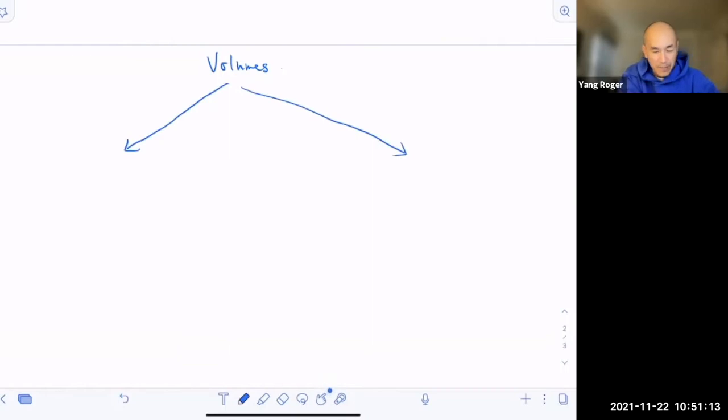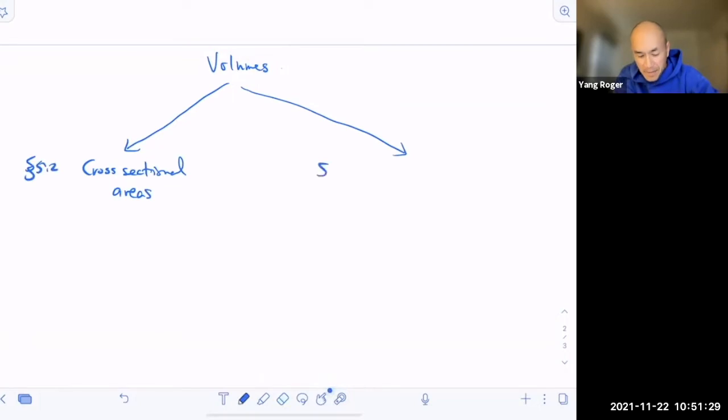In one camp, we're doing what we call cross-sectional areas. That is 5.2. And the other camp is 5.3, and that's cylindrical shells.